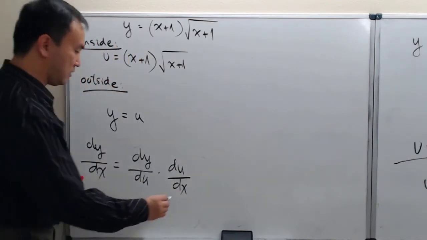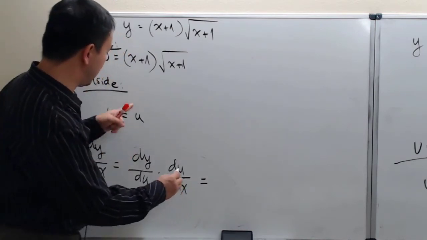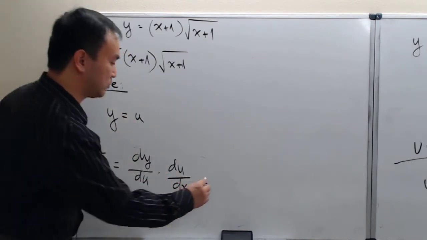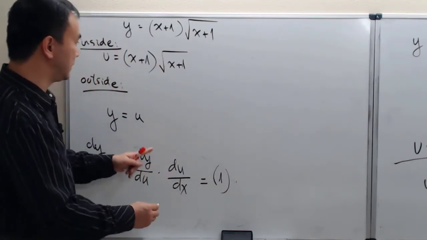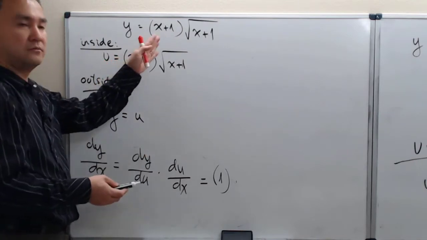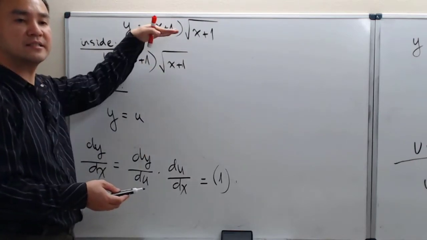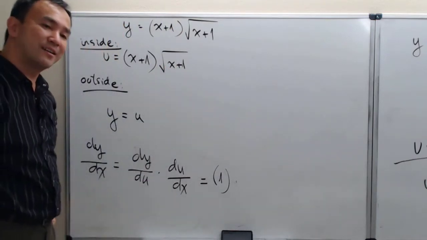But now the dy du here is just simply the derivative of this, which is 1. But the du dx here is, I'm so sorry, exactly repeating the exact same problem from the beginning. We didn't get anywhere else.